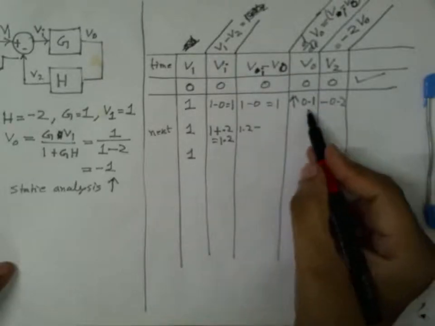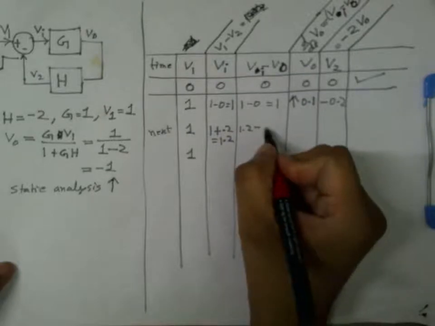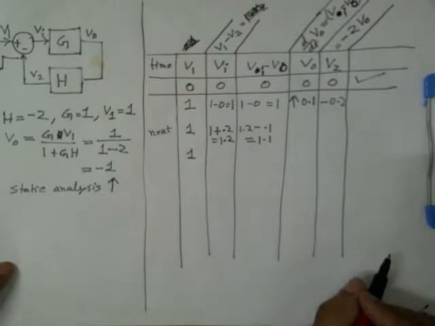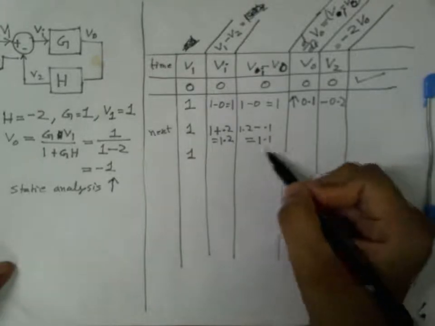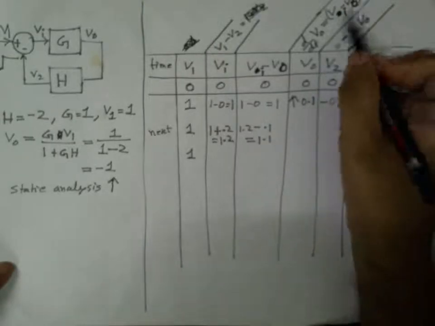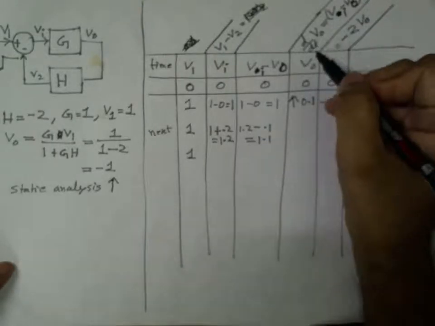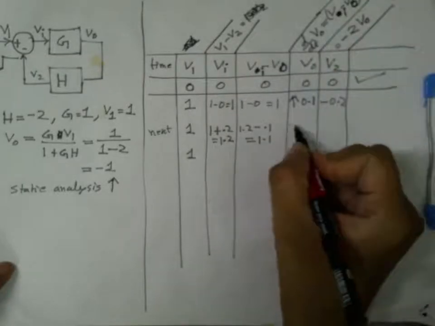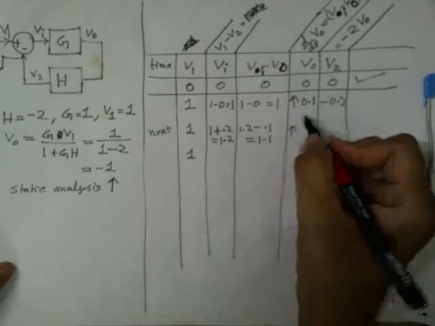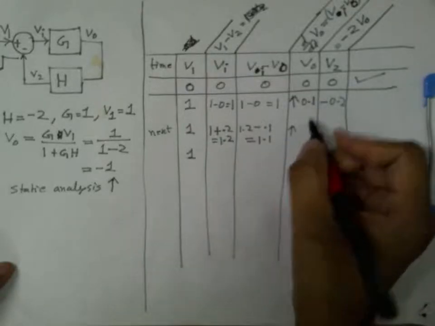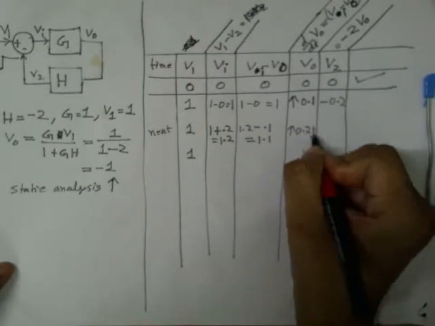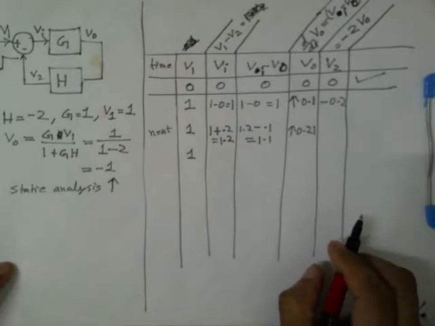VO is 0.1, so this is equal to 1.1. So you see that this value has increased, therefore the rate of change, this derivative, should increase. So it will increase further, maybe more than the previous step, and will go to possibly 0.21, I guess, after a while.